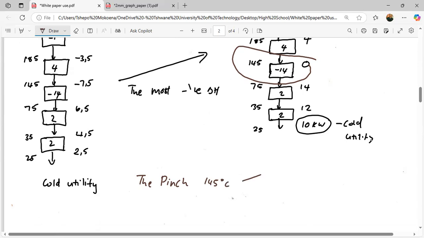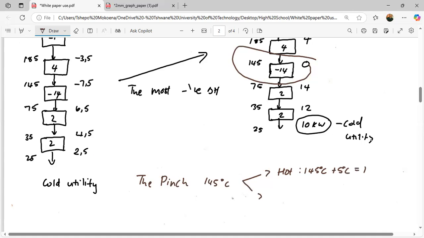But now here's the thing. It is the pinch temperature. We can make use of this to determine the pinch for hot as well as the pinch for cold, of which the delta T minimum between is supposed to be 10. So for hot, what are we doing? We're going to take this numerical value, which is 145 degrees Celsius, and add 5 degrees Celsius.